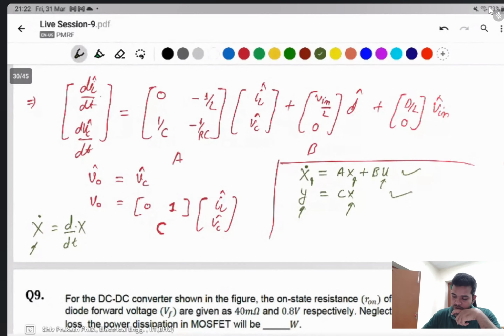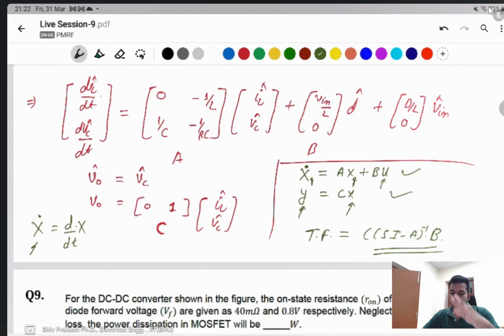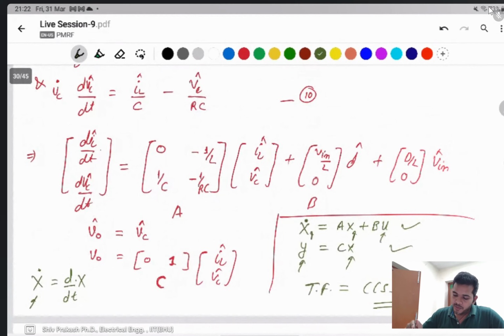In control system, you know the transfer function is C (sI minus A) inverse into B. You can find the transfer function of the system this way. But here, to find the transfer function, V output is taken, C is the V output, and B is the input matrix. Then you can find V output divided by D cap.